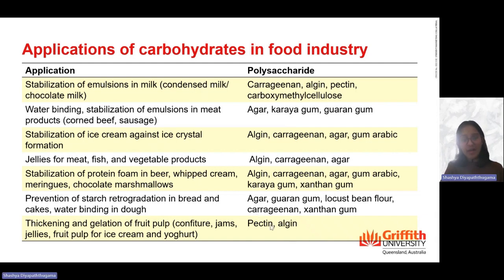We have already learned about pectin, but there are other polysaccharides giving these benefits: carrageenan, algin, pectin, agar. So we will discuss some of these carbohydrates in detail.